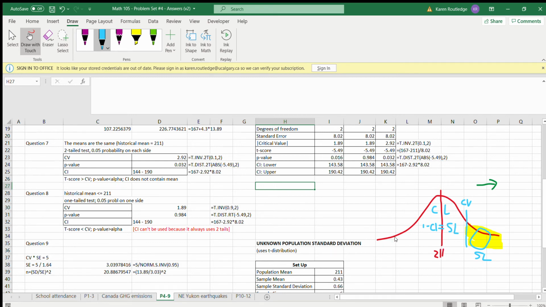In this case, I don't care about the less than. I only care about a greater than 211. So I only have one rejection region, and all of that significance level probability, that whole 10%, goes into that one side. So the area under the curve, the size of my rejection region, the probability of rejecting my result will be 0.1.